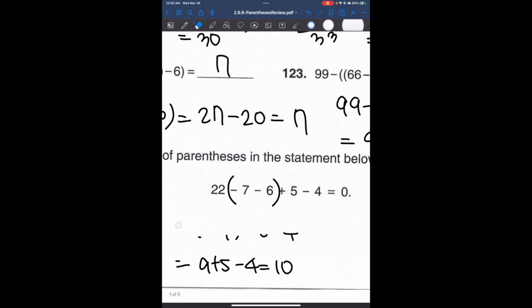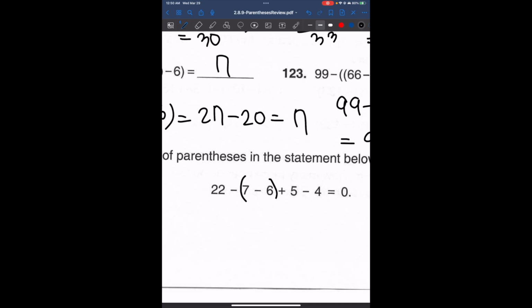Oh, never mind, sorry. We won't group it like this. If we do this, it's the same as not having parentheses because we're basically doing the operations in order. Sorry, so we're going to group.